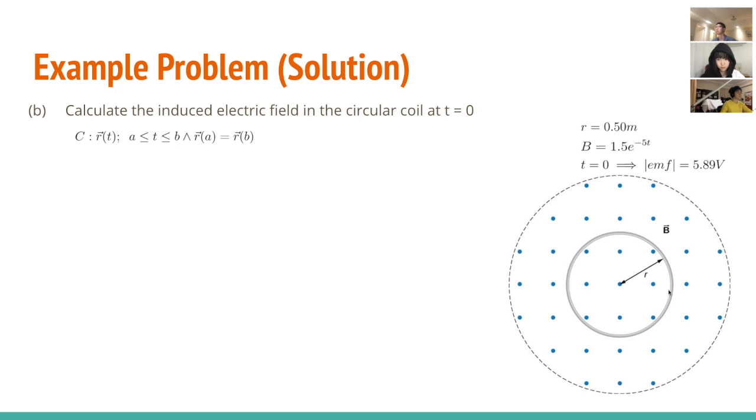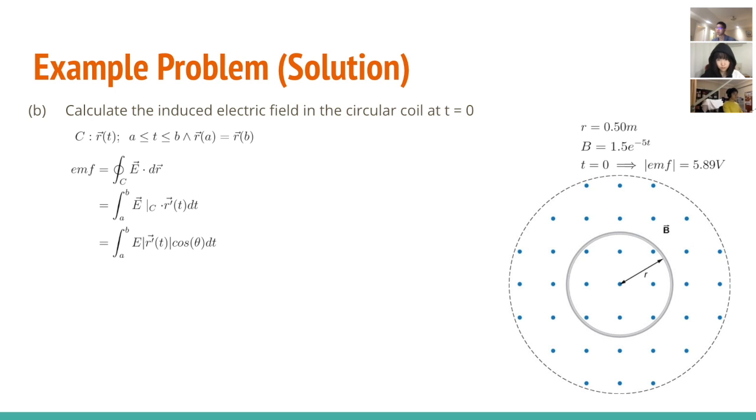That's why r of a equals r of b. By the Maxwell-Faraday equation, the voltage is equal to the line integral of the electric field over the curve C.